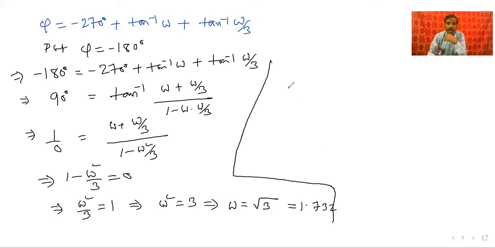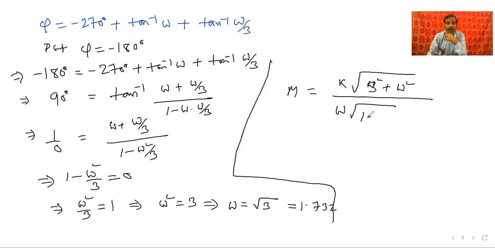Just calculate M equals K into root over a square plus b square, divided by omega into root over 1 plus omega square. So calculate at omega equals root 3.